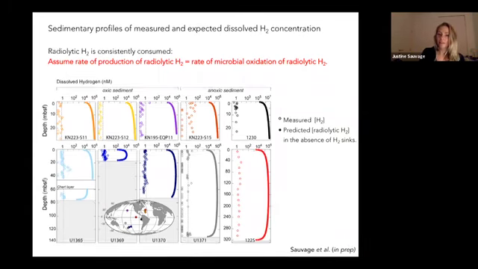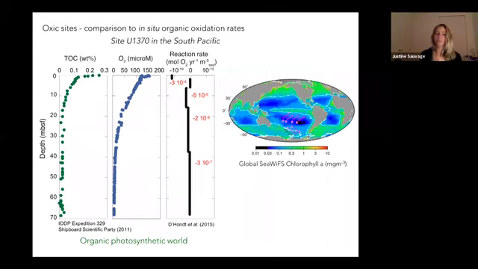Now, if we look at the other side of the equation, looking at total organic carbon downhole, here is an example of an oxic site in the South Pacific. We can look at how much of that organic carbon is being oxidized downhole, again by looking at the downhole profile of measured oxygen, and using a numerical method by Wang and colleagues.